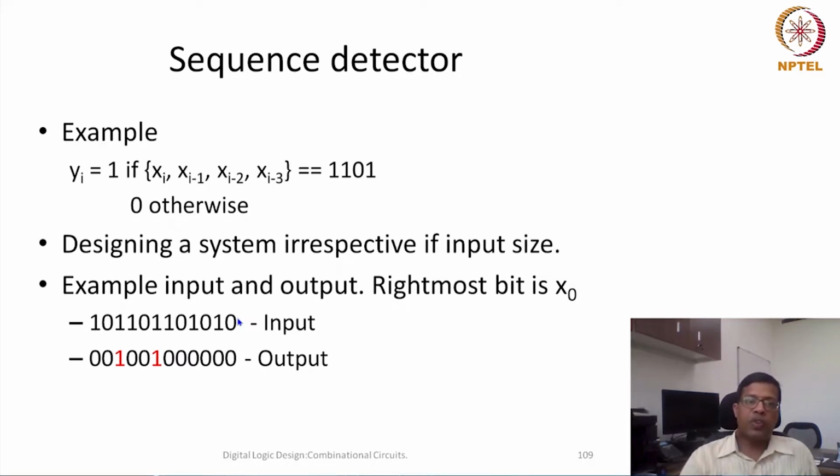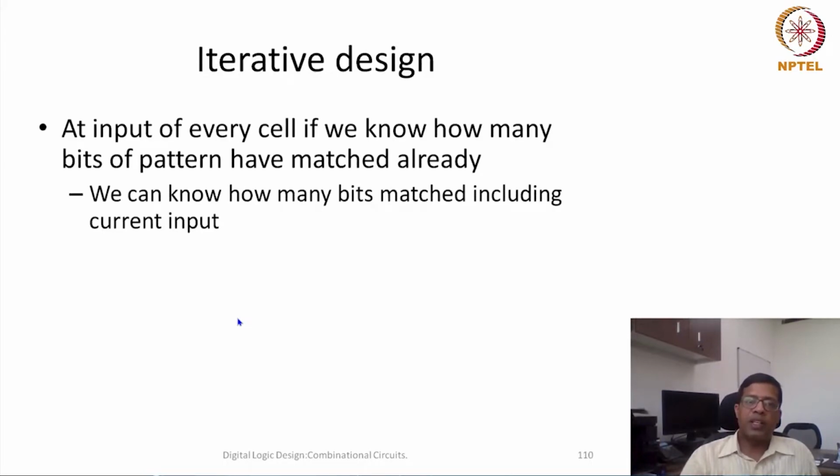Basically I have to create a cell, and I have to somehow identify how many bits have already matched the pattern. If the input to this cell is how many bits of the pattern have matched already, then considering the current input, the output is how many bits have matched including this current input.